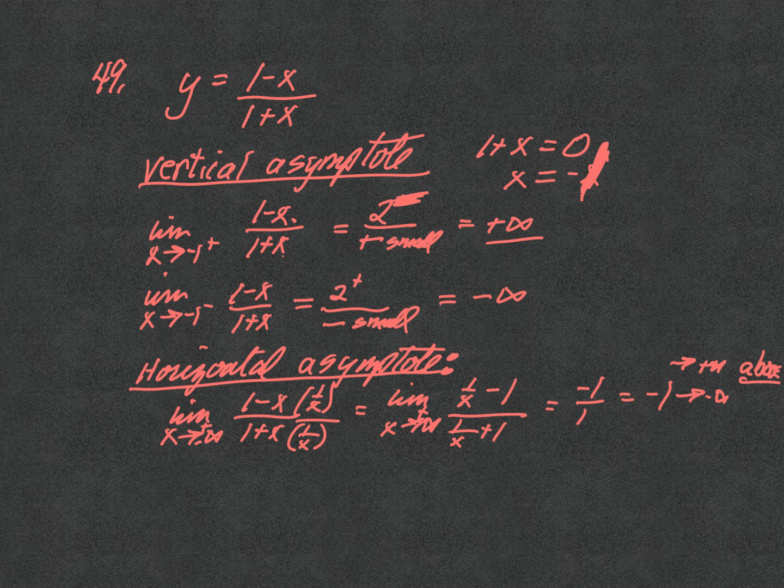And so then negative infinity, so like -1,000,000, this will be 1,000,001, and the denominator will be a -999,999. So that'll be -1, but it'll be slightly bigger than the 1, which means it's below on the negative side.